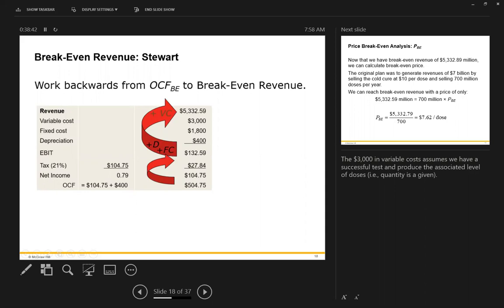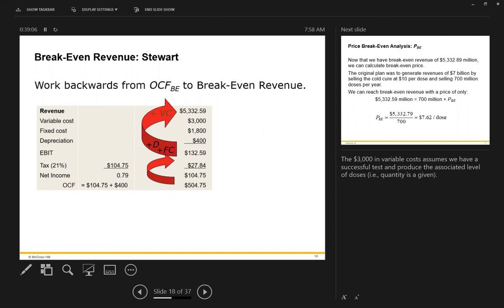So operating cash flow of 504,775 minus depreciation will give us net income. Net income of 104,775 is 79% of earnings before interest and taxes.